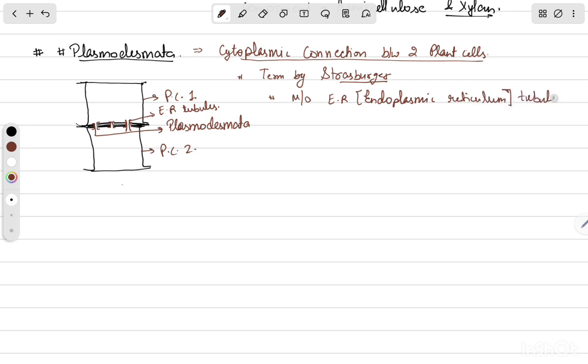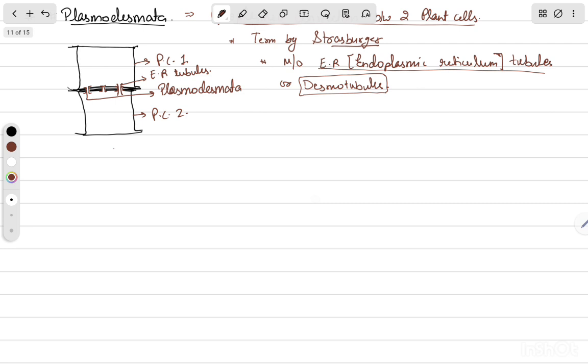ER tubules are also known as desmotubules. This term is very important. This plasmodesmatal connection is made up of ER tubule or desmotubule, which forms the bridge between two cells.